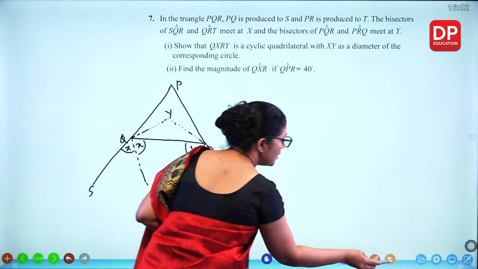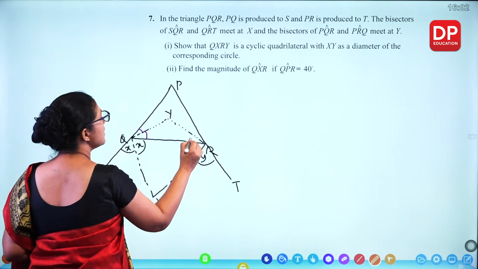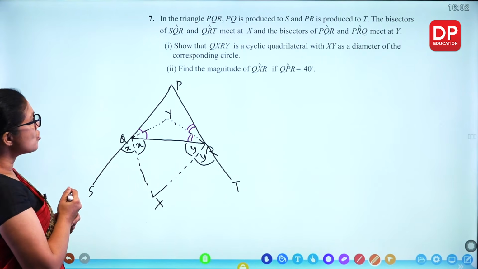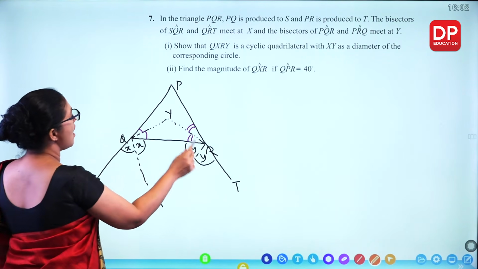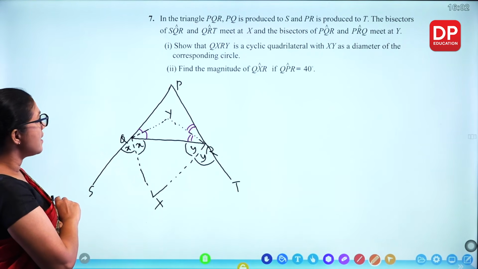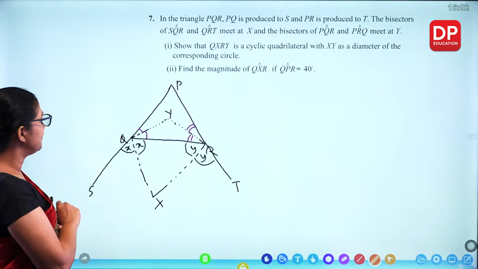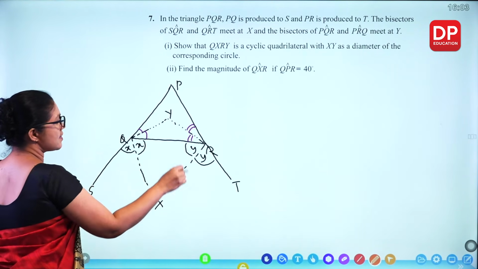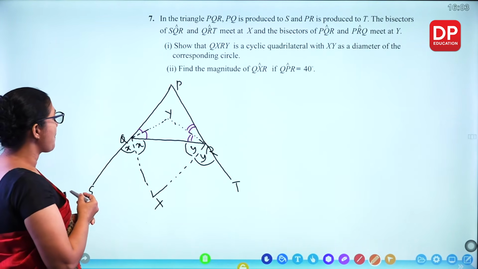So I'll mark this also. This angle is equal to this angle. This angle is equal to this angle. Show that QXRY is a cyclic quadrilateral with XY as the diameter of the corresponding circle. So you have to find out that this is a cyclic quadrilateral as well as XY is the diameter.